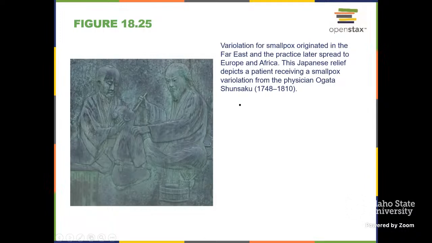There's all sorts of really kind of interesting and also sort of disturbing details about some of these practices. Variolation was an idea to prevent smallpox, where you would take the scabs from a person with smallpox and dry them and grind them up and then blow them up the nostril of someone uninfected with the hopes that you're going to prevent them from developing smallpox.